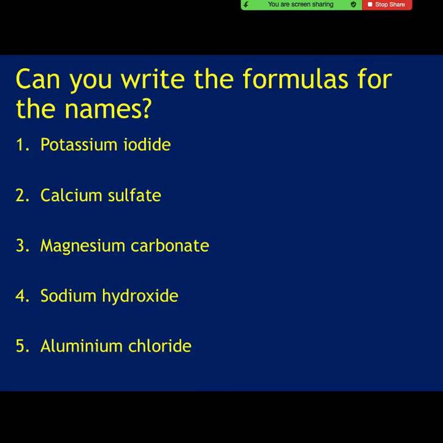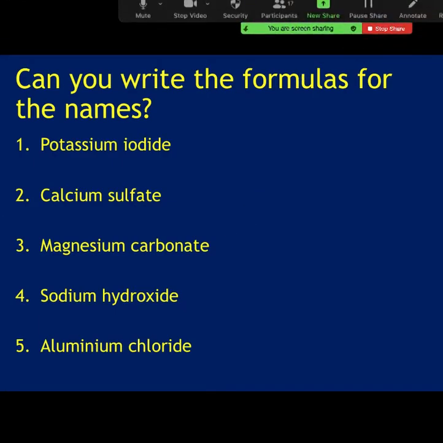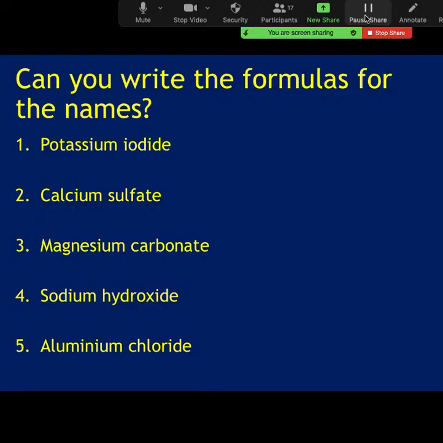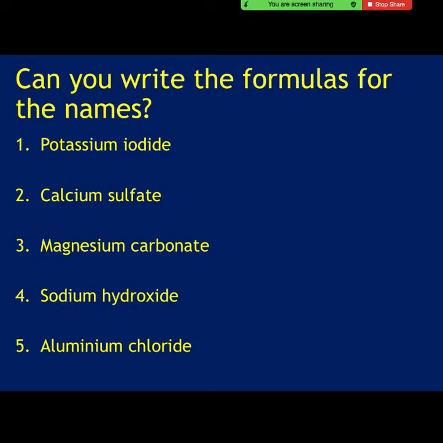Are you familiar with this? Could you come up with formulas from the names? So Miles, Jim, Sarah, Fonja.